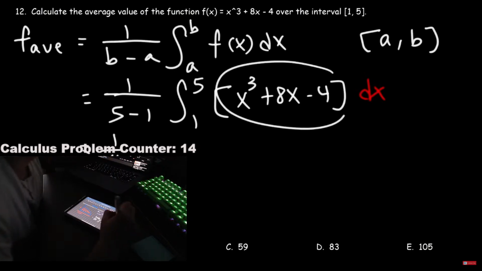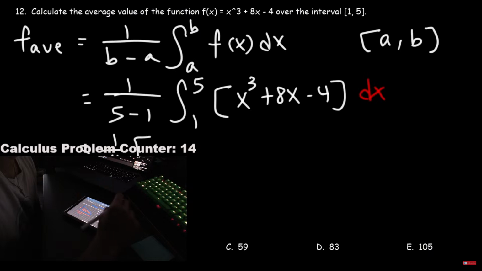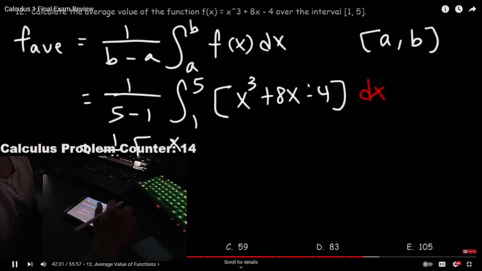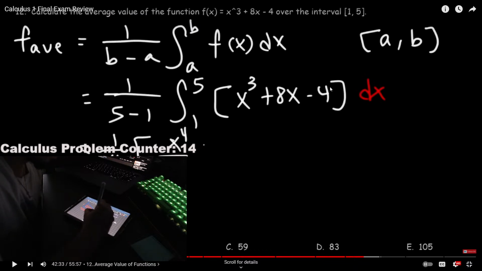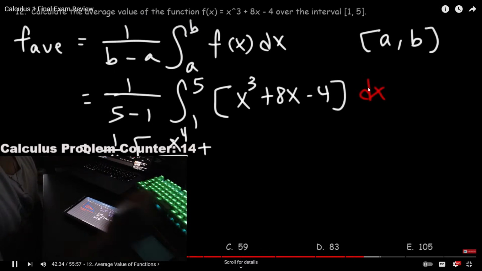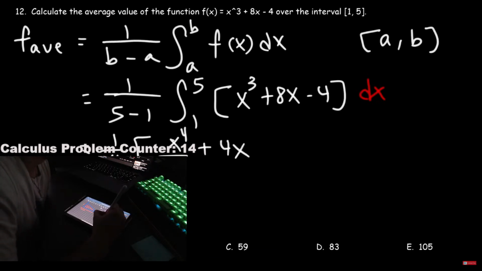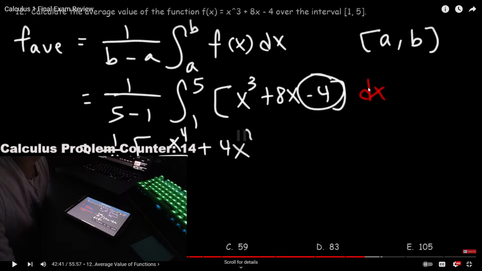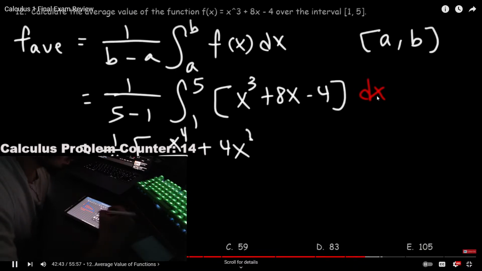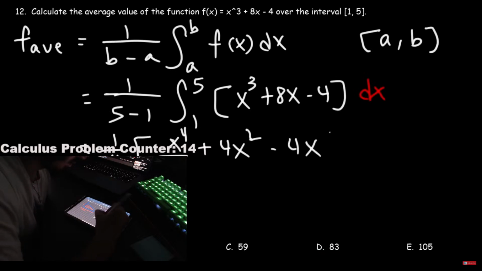Now we need to find the antiderivative of that expression. The antiderivative of x cubed is x to the 4th divided by 4, because you're adding 1. For 8x, it's 8x squared divided by 2, which is 4x squared. And the antiderivative of negative 4 is negative 4x.